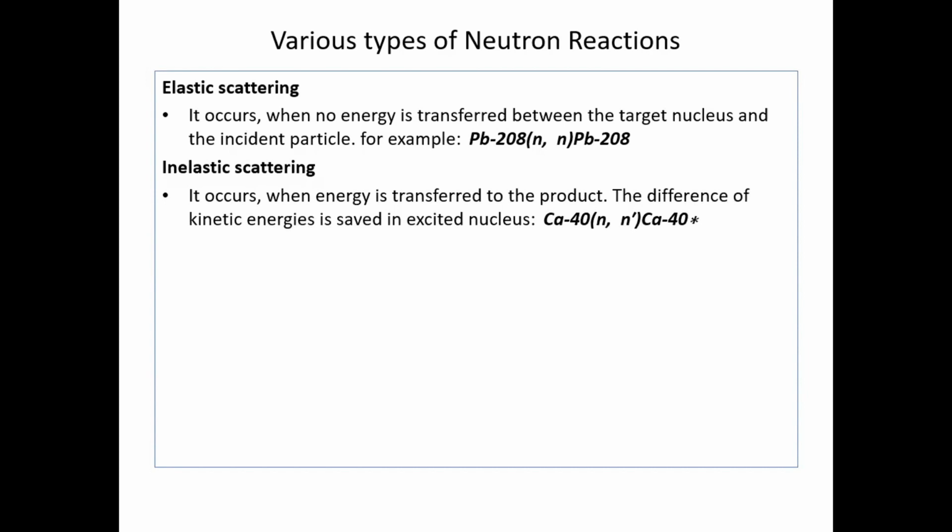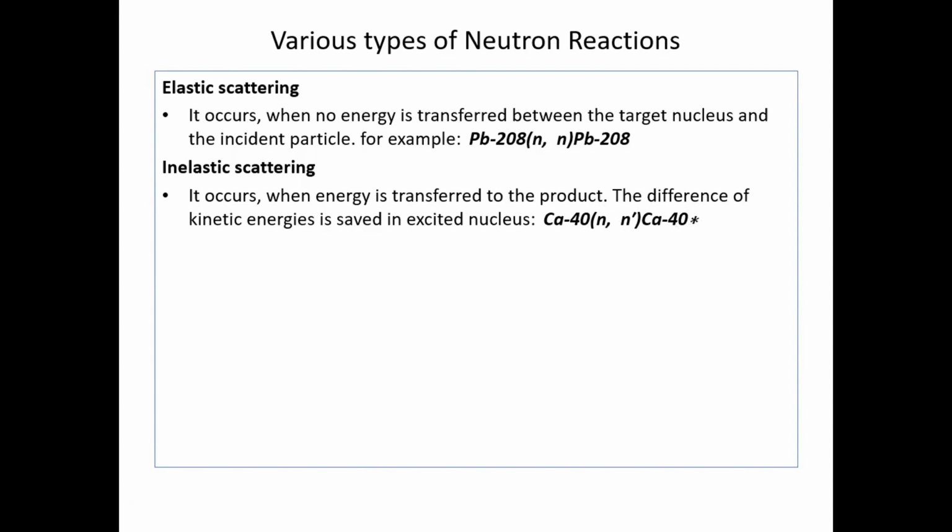Inelastic scattering is the case which transfers energy. When the energy is transferred to the product, for example, Ca-40 is hit by the neutron. You can see the N is the incident particle, and Ca-40 is the target on which it is hitting. When it is hitting, it creates a compound nucleus, and then that compound nucleus changes into Ca-40 star, which is a different nucleus, because it is in an excited state now.